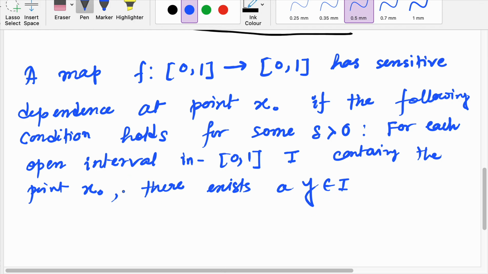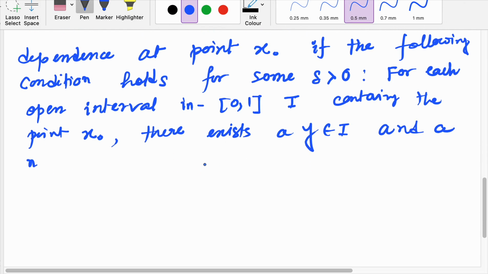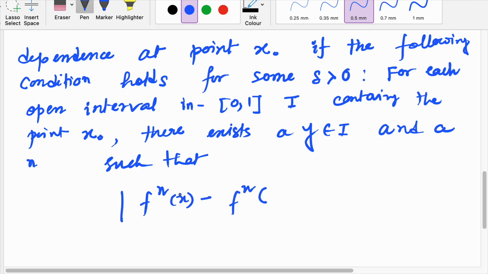So you will find that for every open interval which contains this point x0, there will be a y and an n such that fn of x0 minus fn of y0 becomes greater than or equal to delta.